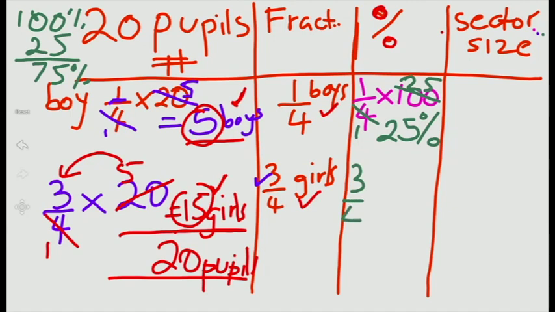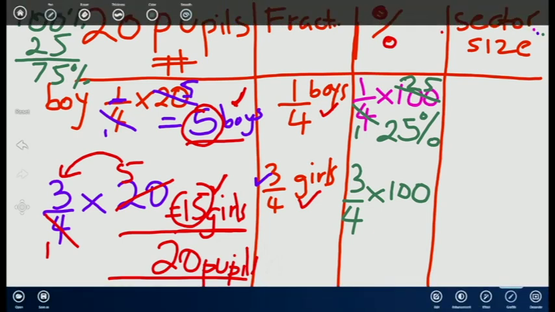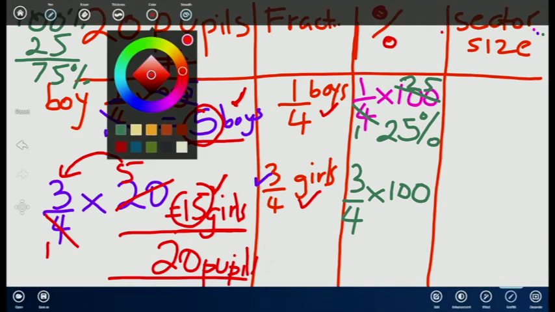So another way of calculating the percentage for the girls, you take the fraction for the girls, which is 3/4, multiplied by the percentage number, which is 100, and then start doing your divisions.